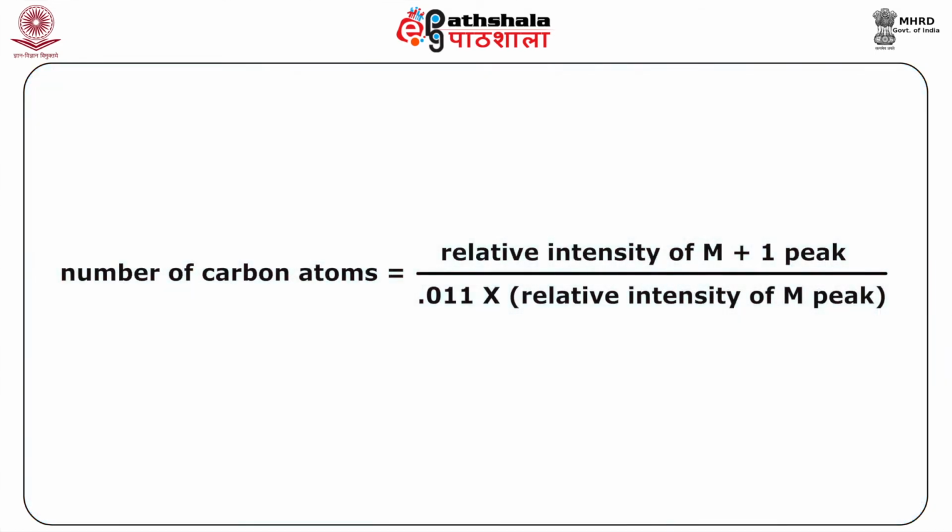Now this means that the number of carbon atoms in a compound can be calculated if the relative intensities of both the M and the M+1 peaks are known. Putting it in mathematical terms, the number of carbon atoms is equal to the relative intensity of the M+1 peak divided by 0.011 multiplied by the relative intensity of the M peak.